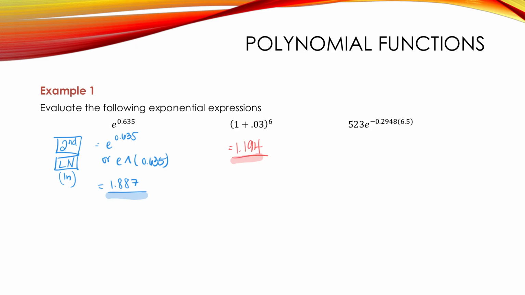If you are on an 83, you will need to put in 523 times e, and then caret, and in parentheses, negative 0.2948. And instead of another set of parentheses, just do times 6.5. Okay, and then close it. And if we did this, we find out that we end up with 76.967.